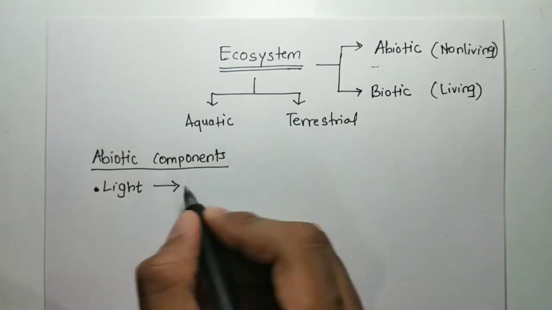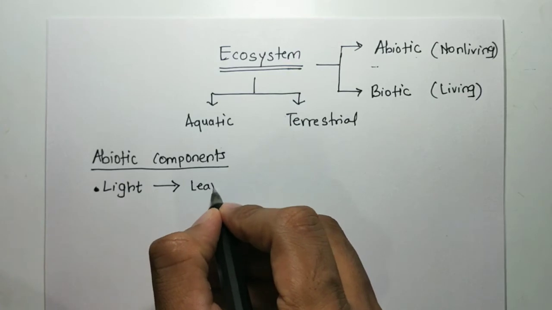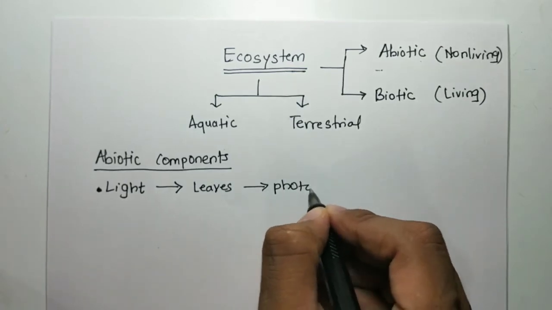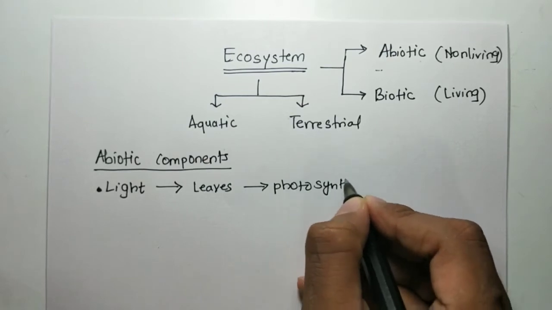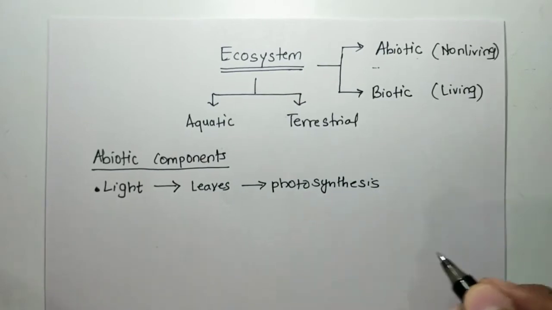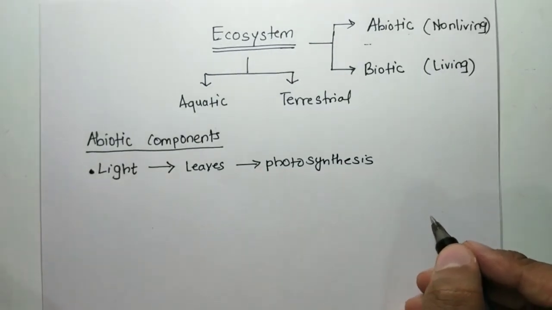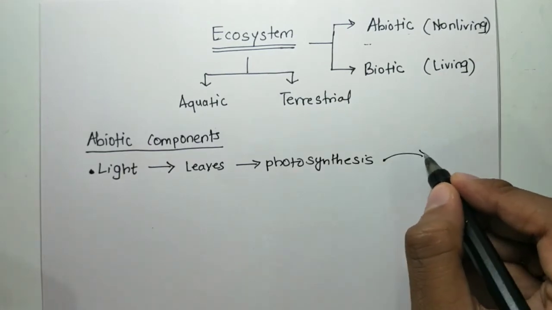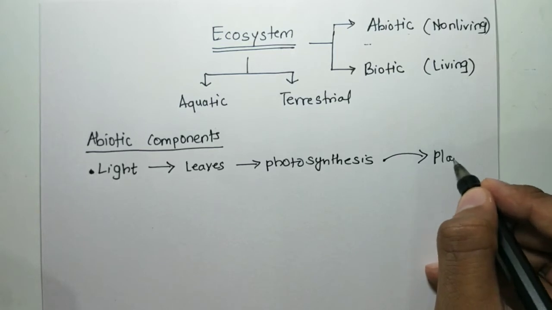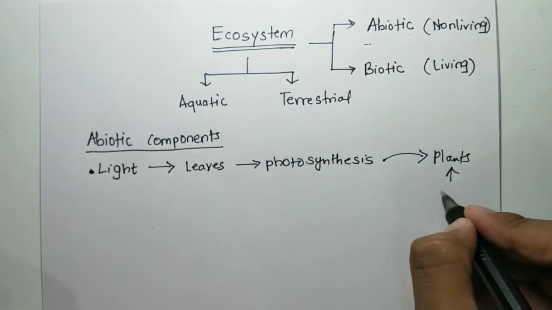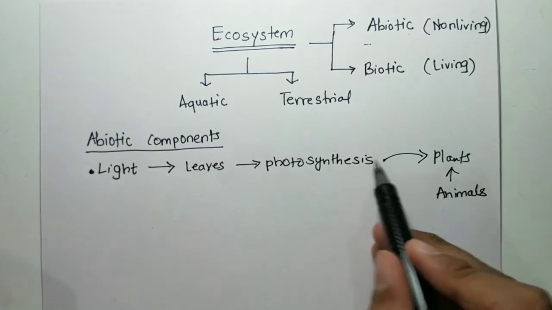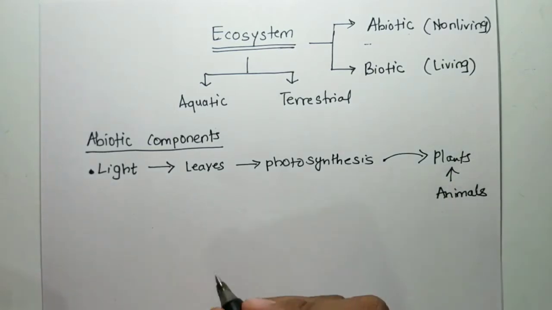Because of this sunlight, the plants with the help of their leaves are able to do photosynthesis. Okay, and this photosynthesis helps plants to produce food, and these plants are consumed by animals. So in turn, because plants are producers, animals are also benefited.